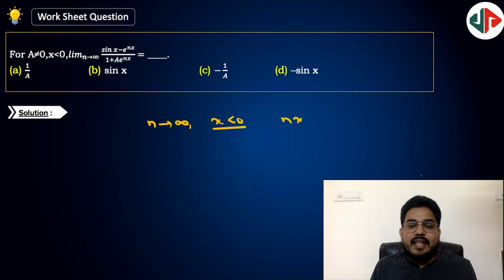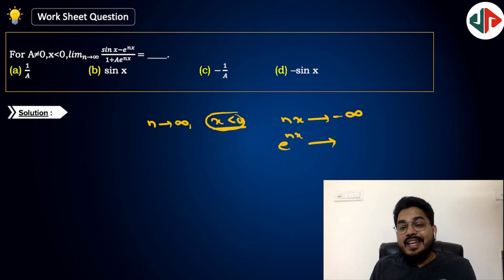So nx tending to, this is negative, so it is minus infinity. e power nx goes to e power minus infinity, goes to 0.